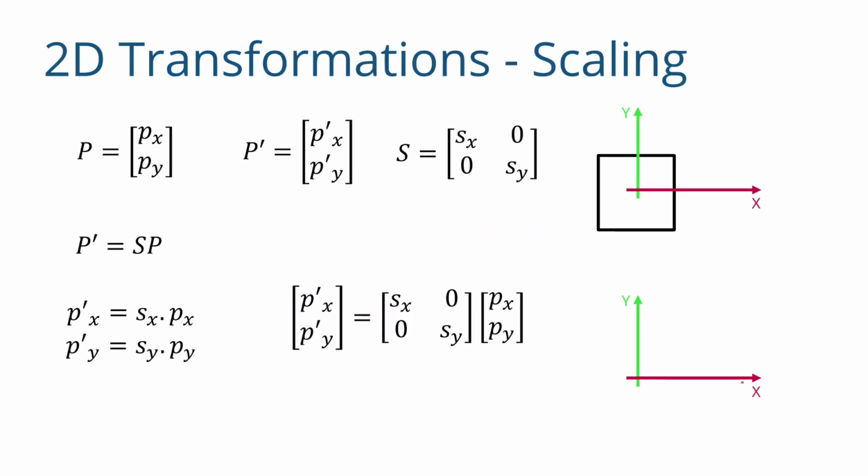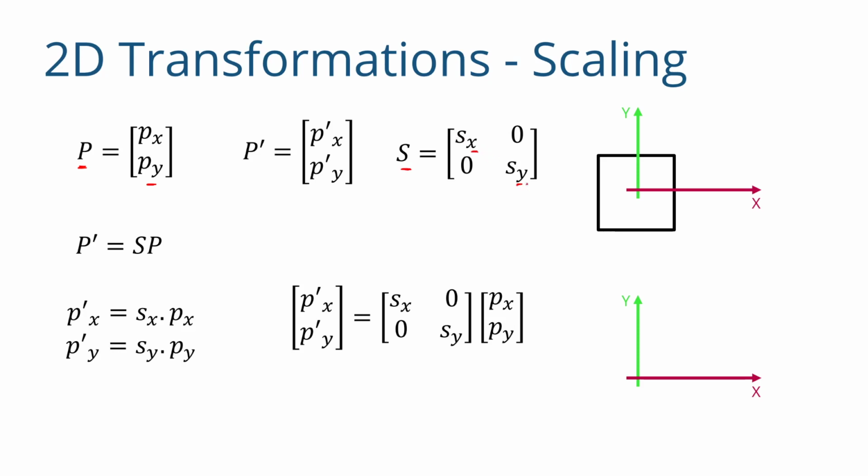So let us start with the simplest transformation in 2D. Say you're given a point px, py. So this is a vector or a point in 2D, and you want to apply to this what we call a scaling transform. A scaling transformation in 2D is represented by this diagonal matrix.